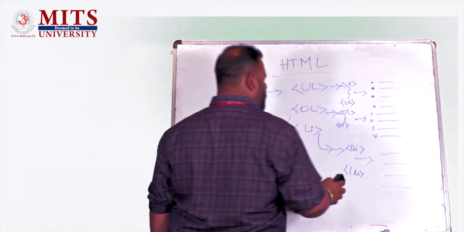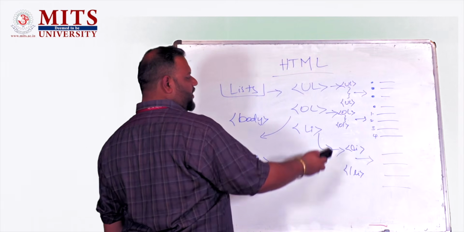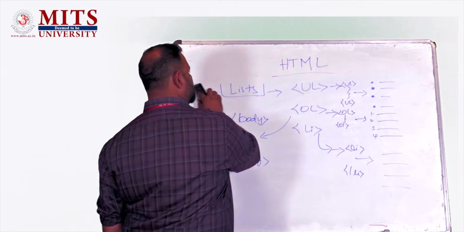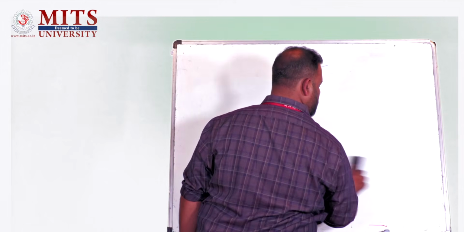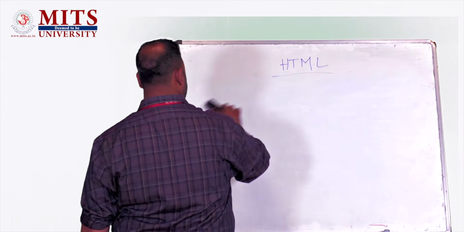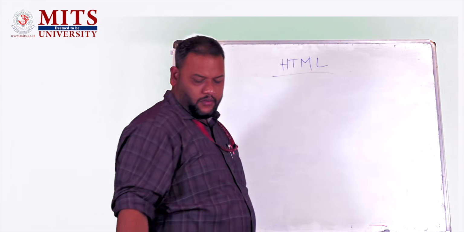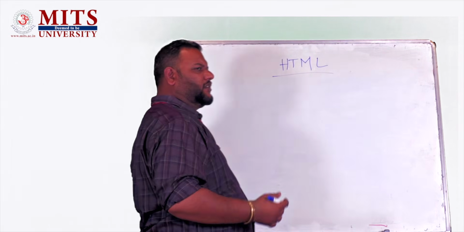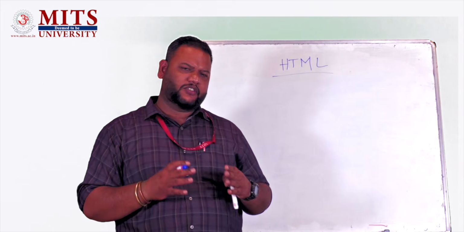For individual list items, we'll be using this, and for the other parts we'll be using unordered and ordered list. So these are the element tags that we use, the separate parts to create a structure.